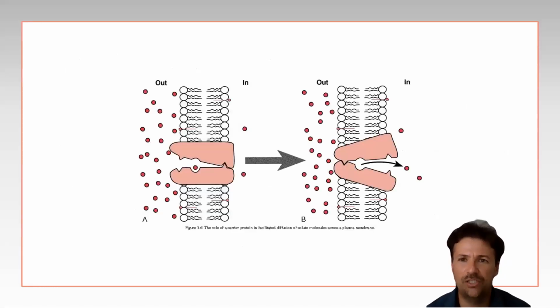And this diagram here shows you very nicely an example of facilitated diffusion or protein-mediated diffusion. This is our carrier protein, and it receives the substance on one side and then undergoes a conformational change and is able to release the substance into the inside of the cell.